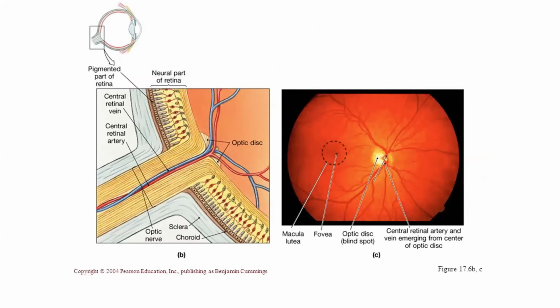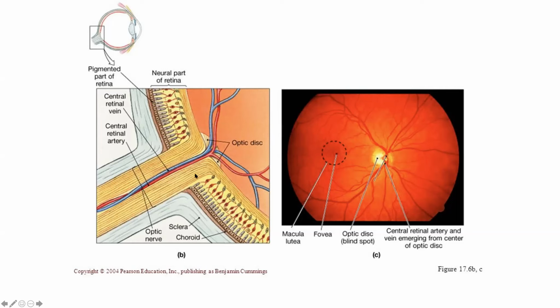Here's where we have the optic disc. So this is where our blind spot is. The optic disc is just where the optic nerve is. You can see here all these bipolar cells, rods and cones through here, and then our optic nerve has to come through here.